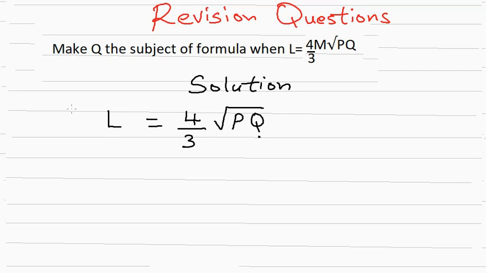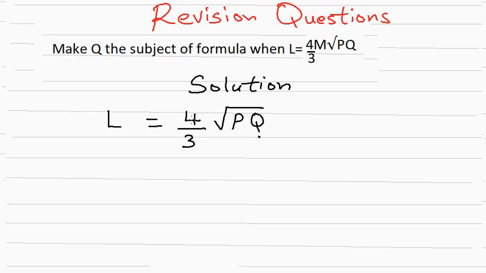But I cannot move Q anywhere as much as I have Q being inside the square root. So anytime you're being asked to make a particular variable the subject of the formula of any expression, check if there's a kind of restriction in form of square root, cube root, square, whatever.